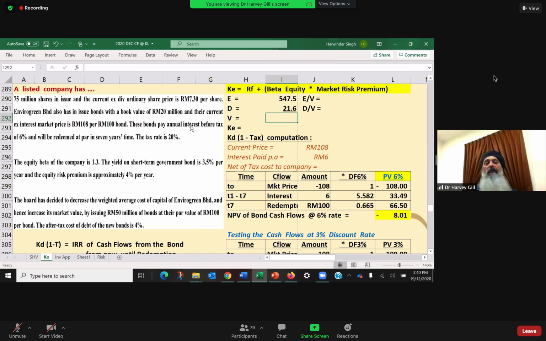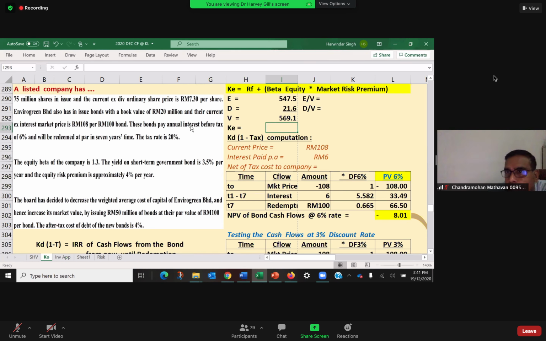Very small amount of bonds compared to the market value of equity. So the value will now become 547 plus the bonds 21.6, 569.1. Everybody okay with this? Yes. Isha, all good?